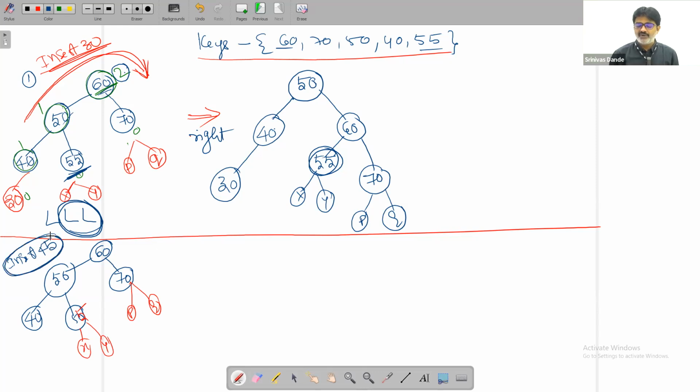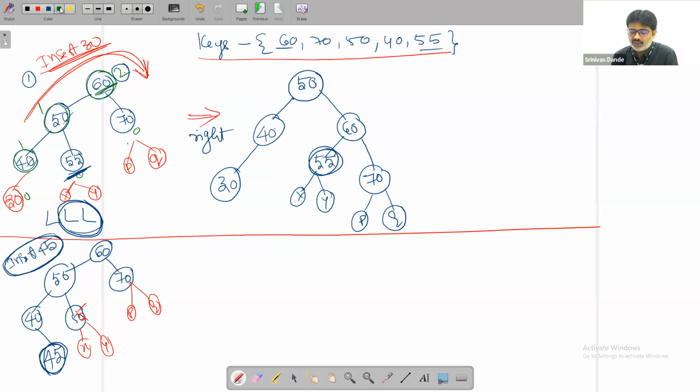So where will 45 go? Right of 40. Wonderful. Here, right of 40, we got 45. So you tell me, guys, now I think the tree is becoming unbalanced.